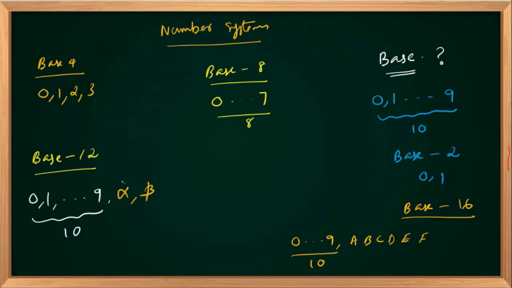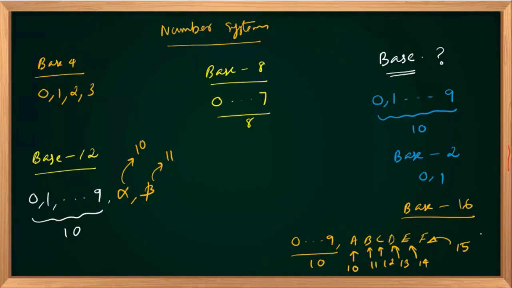The decimal equivalents are alpha corresponding to decimal 10, beta corresponding to decimal 11. Similarly, in hexadecimal, the symbol A corresponds to decimal 10, B to 11, C 12, D 13, E 14, and F 15.